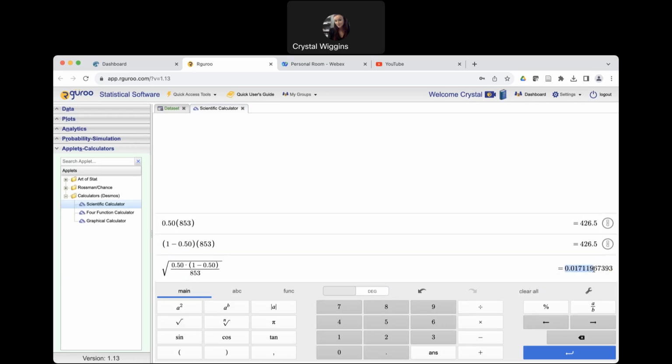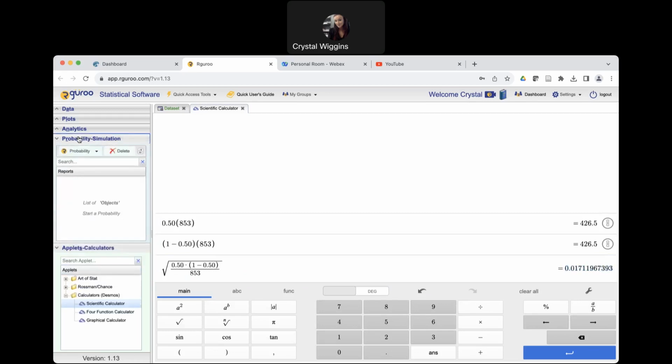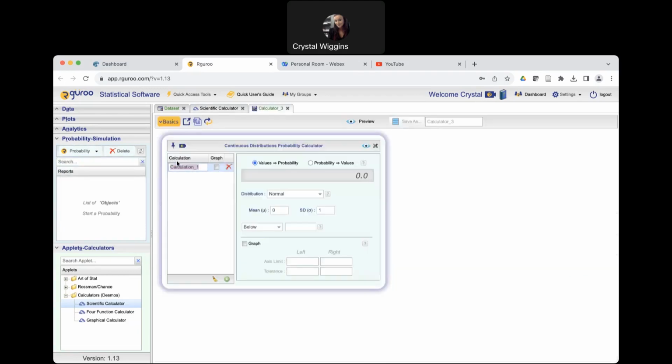So I'm going to need to copy and paste this so I can put it into my standard deviation box in my continuous probability calculator. So I'm going to head over here to the probability simulation area, drop down my probability menu, and select the continuous probability calculator. Okay, now this calculator does not switch back and forth from proportions and means.